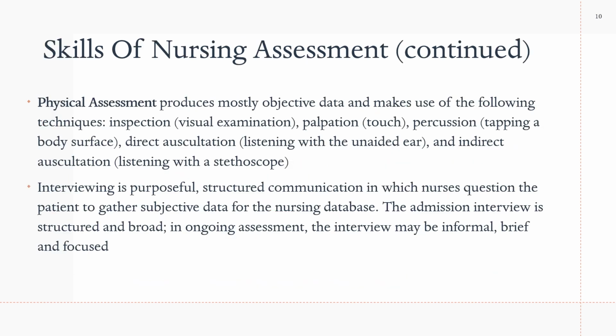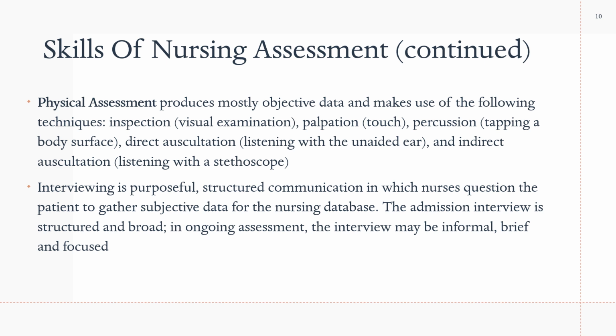So physical assessment will produce mostly objective data and will make use of the following techniques, such as inspection. Inspection is the visual examination. Palpation meaning touch. Percussion is when we tap a body surface.